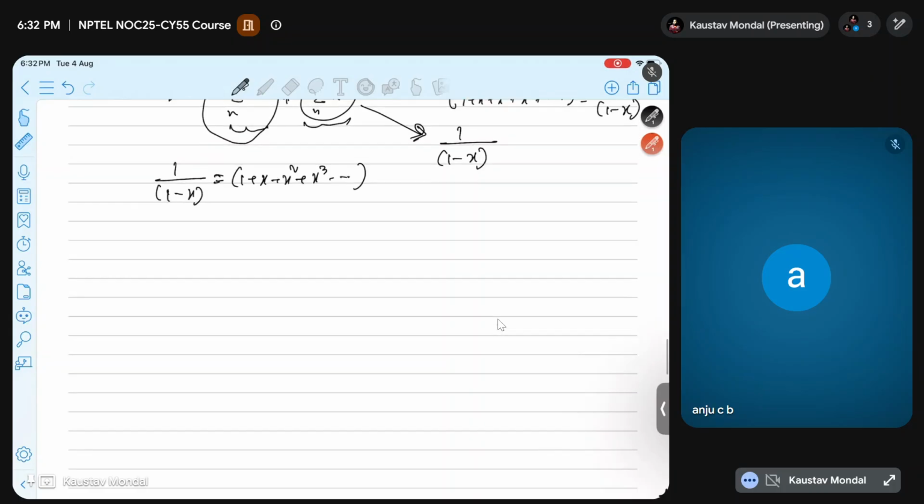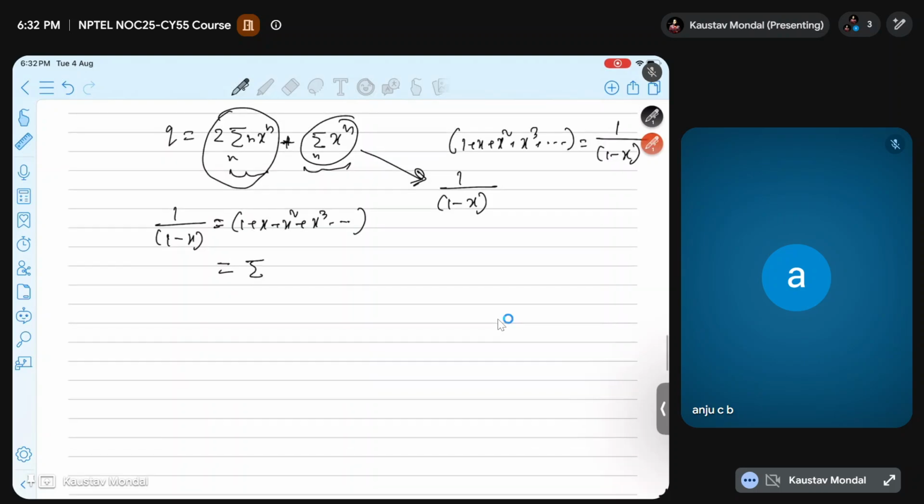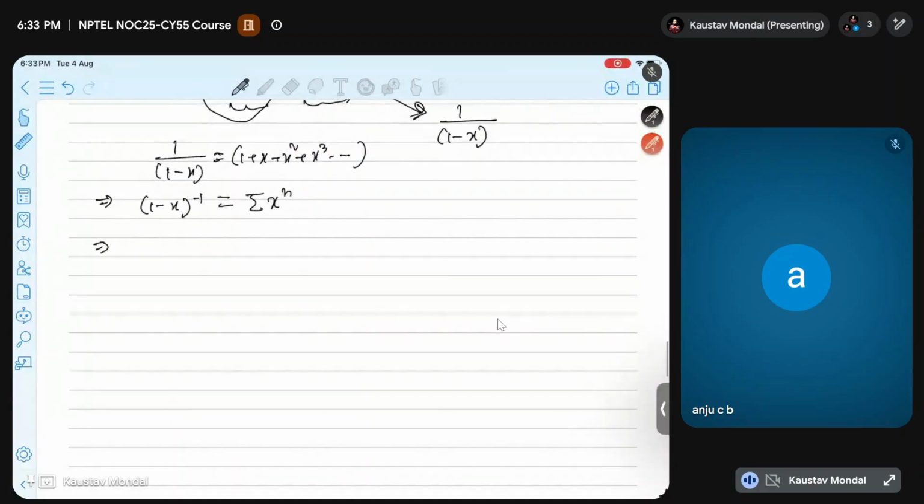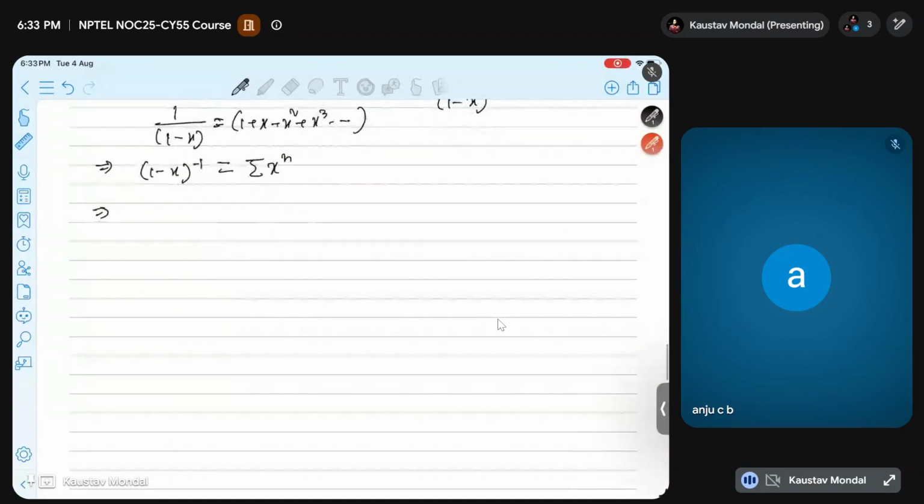So this is nothing but the summation over n of x to the power n, which equals 1 minus x inverse. Now from here, if you take the derivative on both sides, d/dx of 1 minus x inverse equals the summation over n of d/dx of x to the power n.